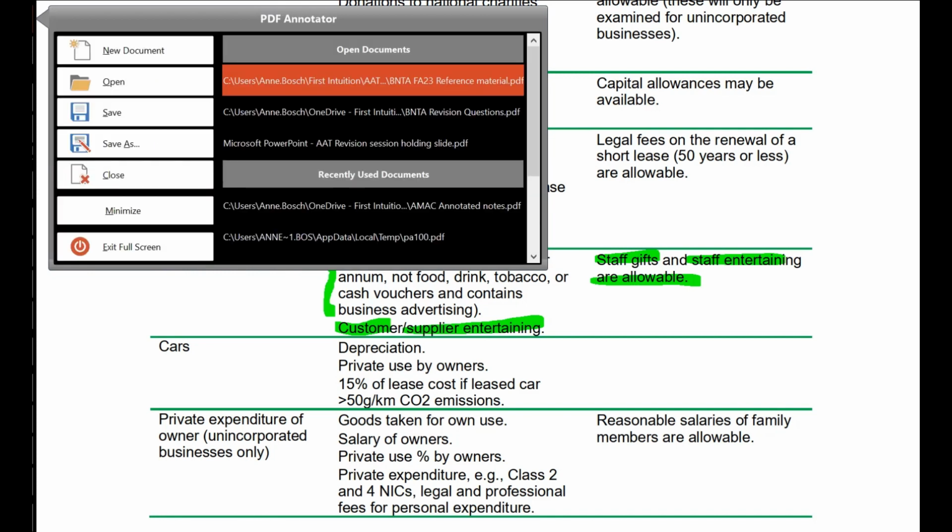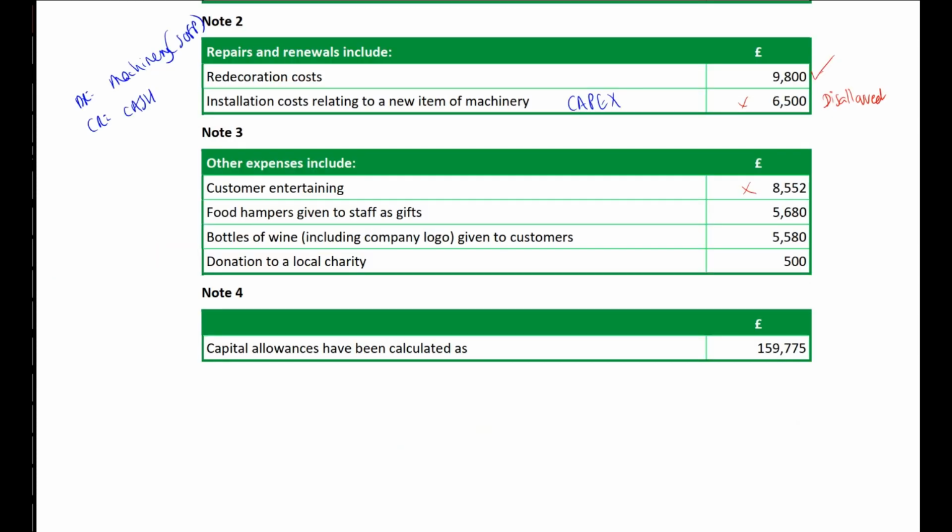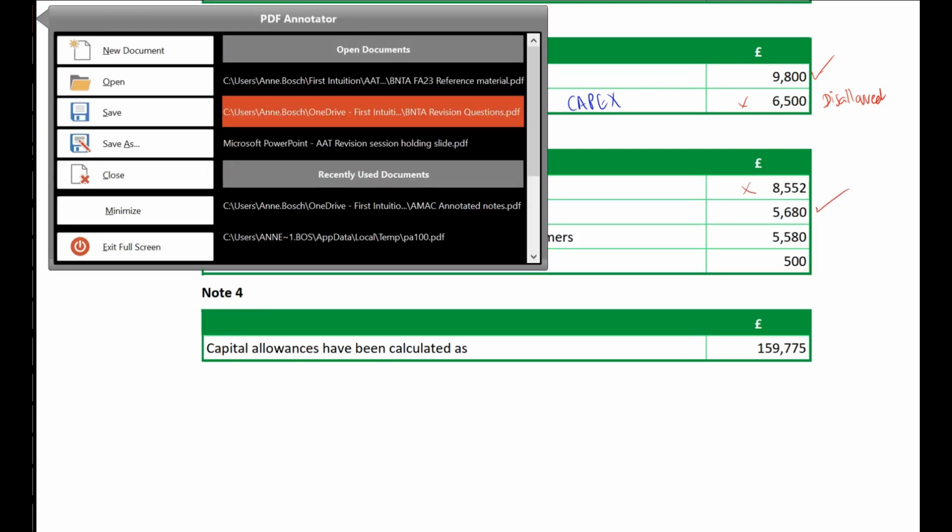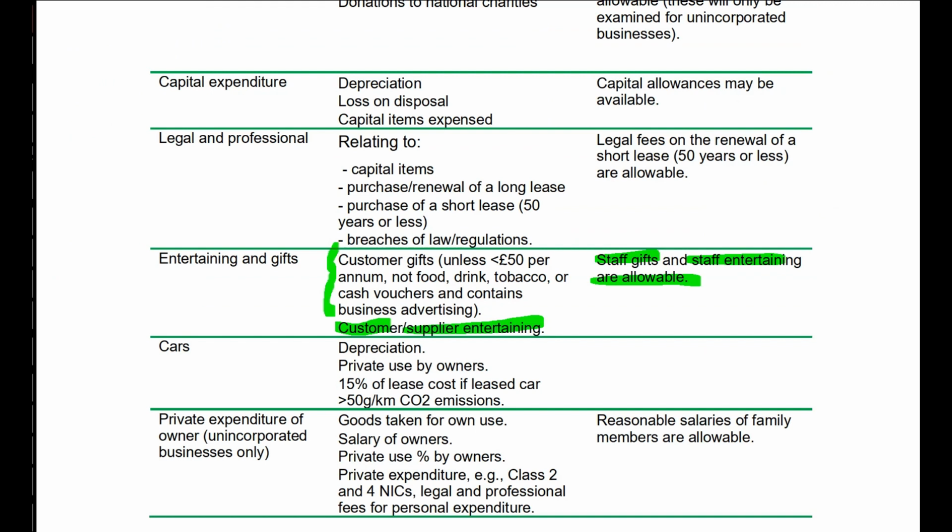The next thing in the question, though, then it refers to bottles of wine. And these bottles of wine include a company logo, which maybe rings a bit of a bell for you, and they're given to customers. So you're thinking, oh, okay, I do remember something about that. So let's check our reference material for this. It says customer gifts are disallowed unless they cost less than £50 for the year for that particular customer.